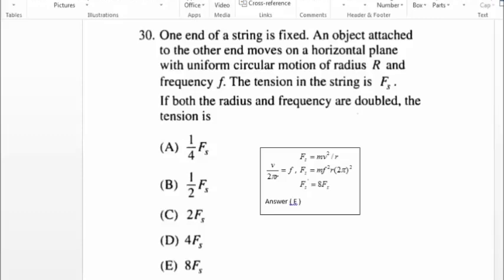Now substituting for v, we have Fs equals m f squared r times 4 pi squared. Now if both the radius and frequency are doubled, the frequency doubled makes this 4, and the radius doubled makes this 2, so 4 into 2 is 8. So the tension is 8 times Fs. So the answer is E.